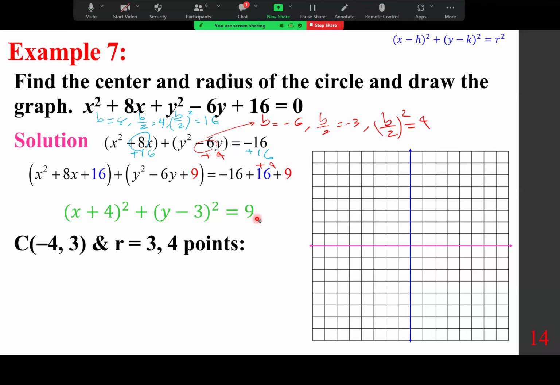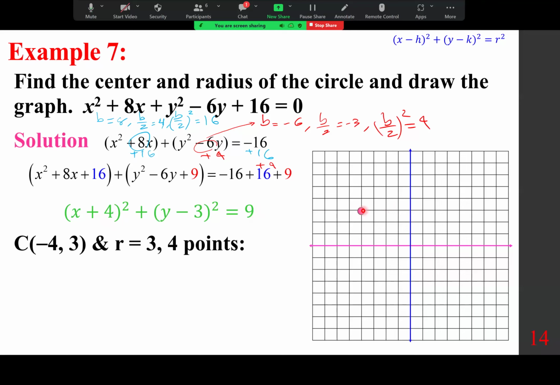And at this point, we are going to come up with 4 points. So the center is located at negative 4, 3. 1, 2, 3, 4 to the left, 1, 2, 3 above.